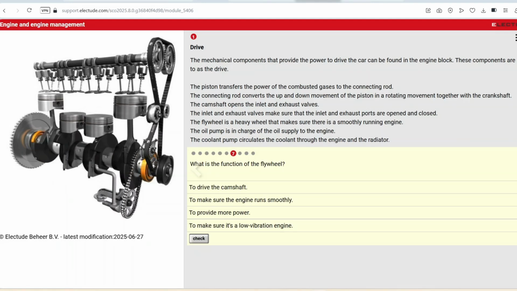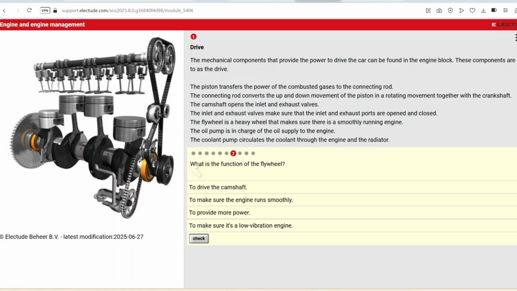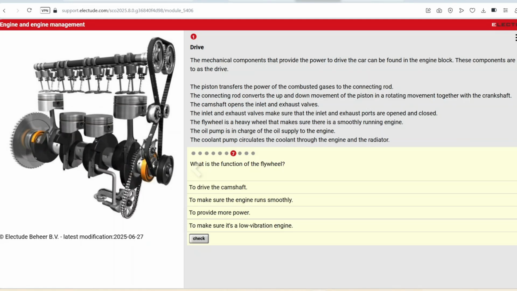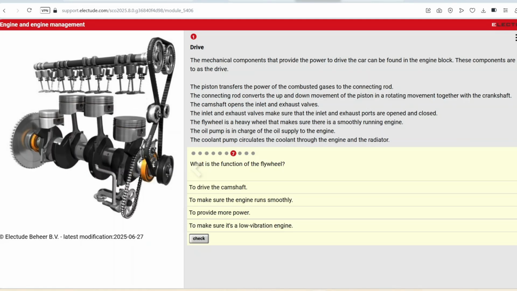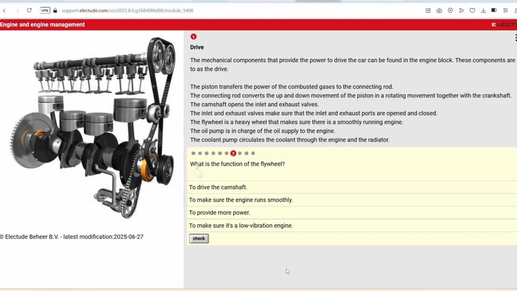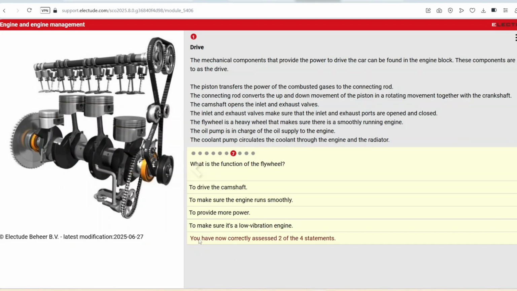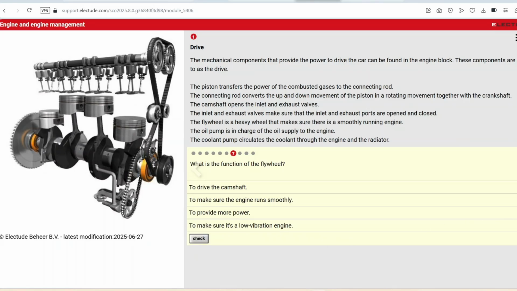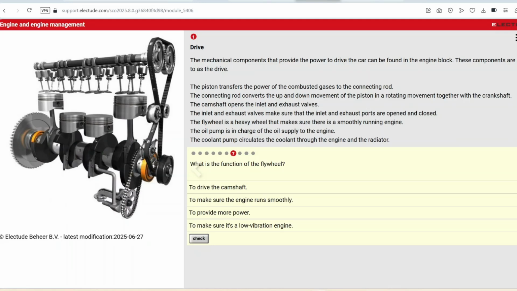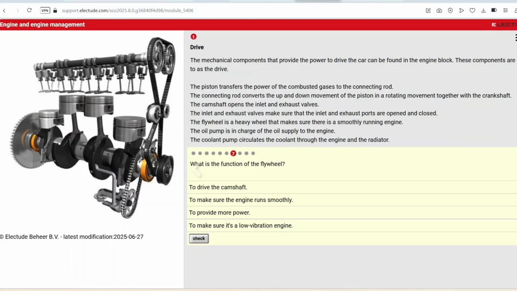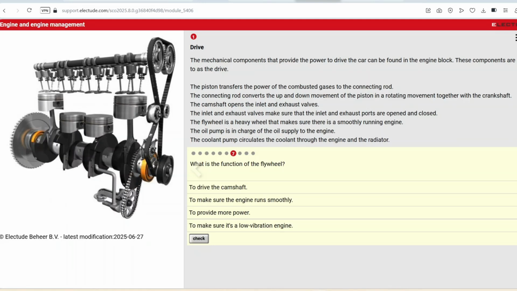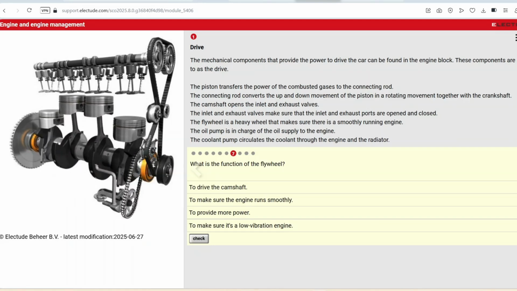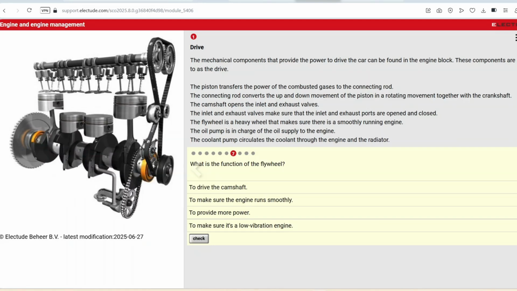To provide more power. Oh yes, because it stores rotary energy. So I believe the third statement is also correct. Oh, I got that wrong. So I go back to this and, you have now correctly assessed 2 of the 4 statements. Could it be this?